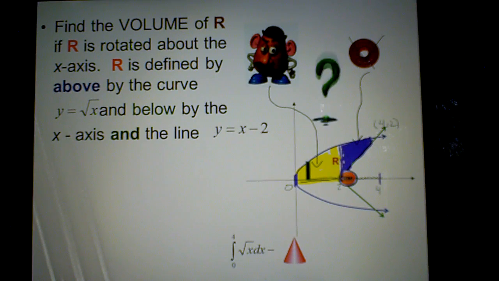And the volume of a cone, again, I learned in middle school. Right? The volume of a cone is pi r squared, area of the base, times the height. Ooh, it's a cone, so I need to be shrunk by a factor of 1/3.